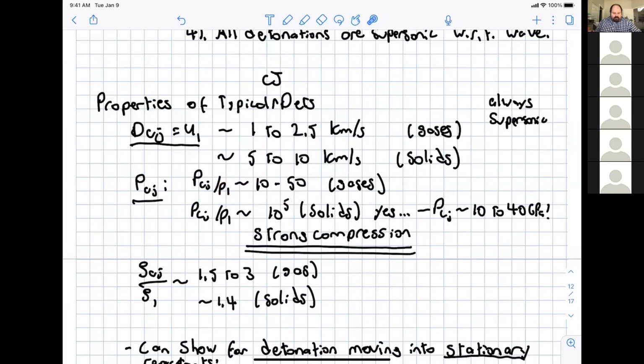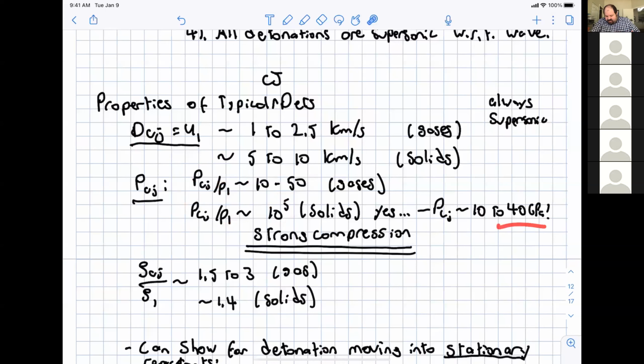Okay, and for high explosives, the CJ pressure over the initial pressure is about 10 to the 5. If you do the math on that, the CJ pressure is between 10 to 40 gigapascals, and that's why explosives produce so much damage.